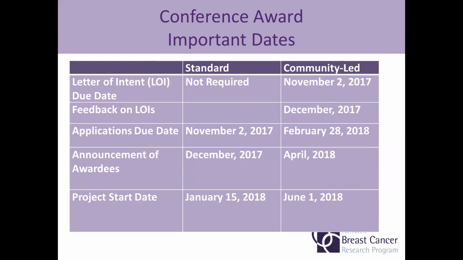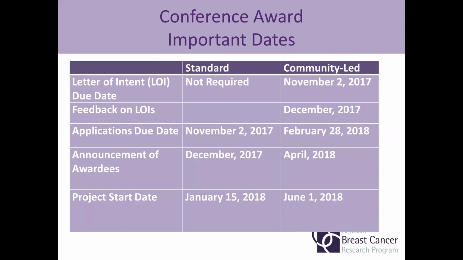The project start date for these awards is January 15th, 2018, although you should be aware that the funds may not be available until February or March, depending on what needs to happen to get the pre-award cleared out and the events in place.